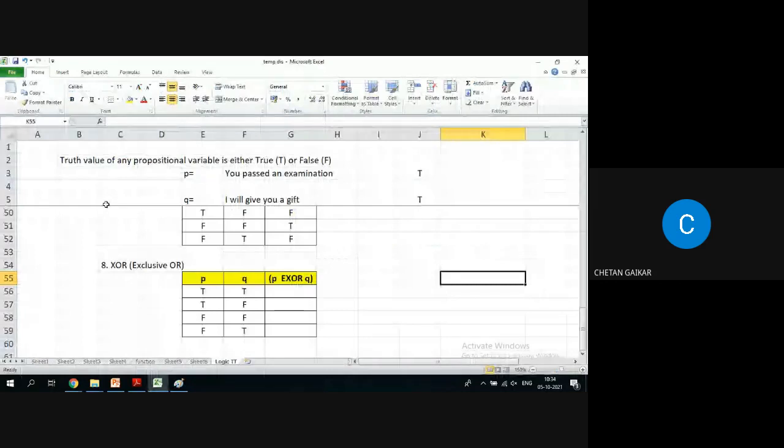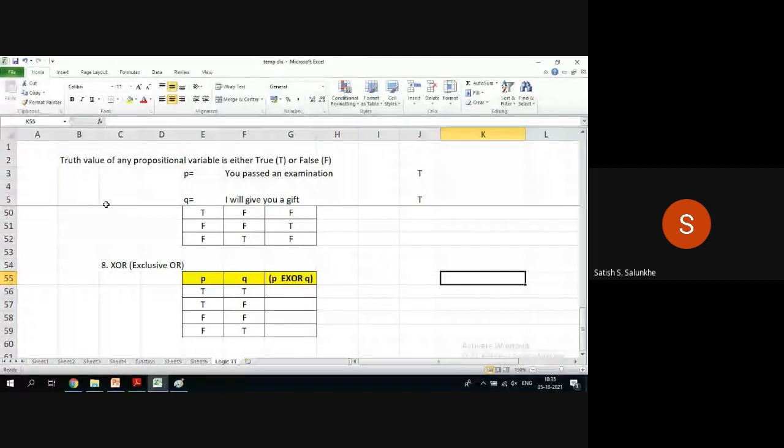If we give one input as zero and the other input as one, then we get output as one. If we give one input as one and the other as zero, then we get output as one. If we give both inputs as one, then we get output as zero. Correct, correct. Very good. Now you can mute.